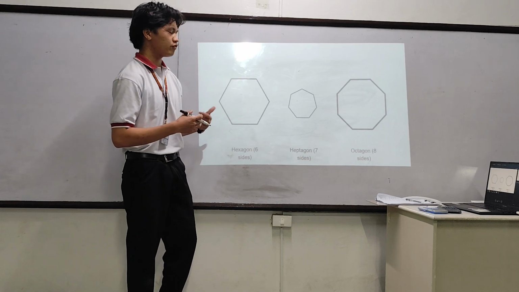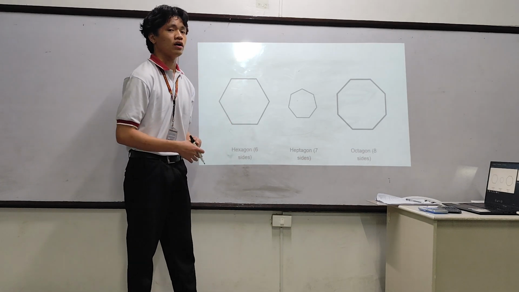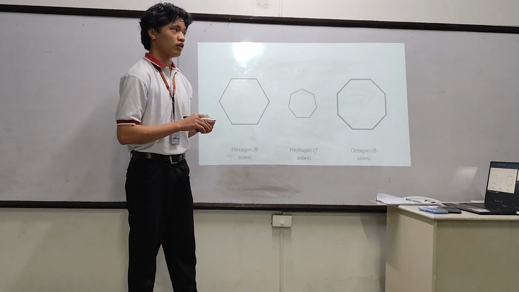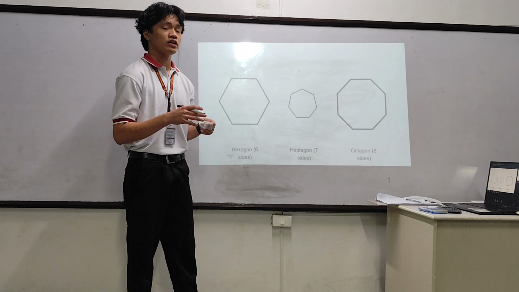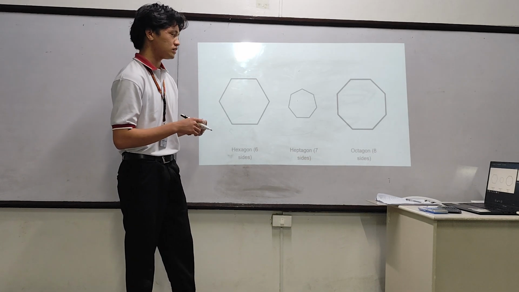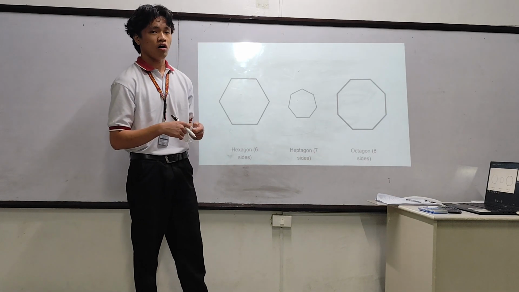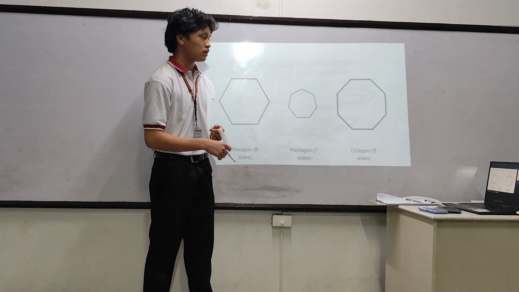We also have the heptagon, but heptagons are rare to find in nature because they have 7 sides, which is an odd number. And we also have the octagon.